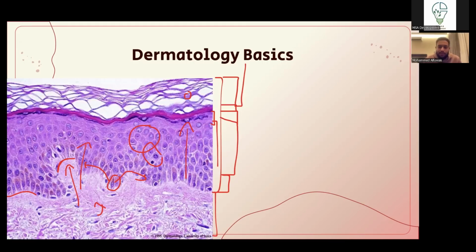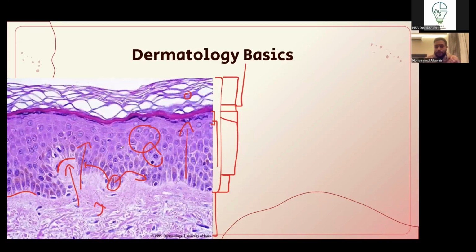Number two is we have basal cells. Number three is keratinocytes. If we have a tumor of keratinocytes, what type of cancer is this? Squamous cell carcinoma. Good. Basal cells, basal cell carcinoma. Melanocytes, melanoma. Good. Perfect. So that's that.